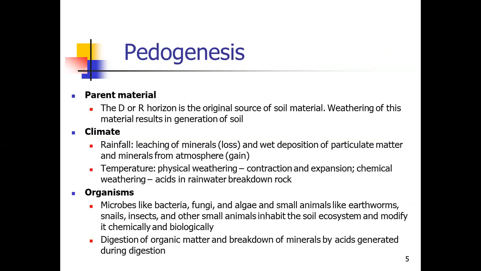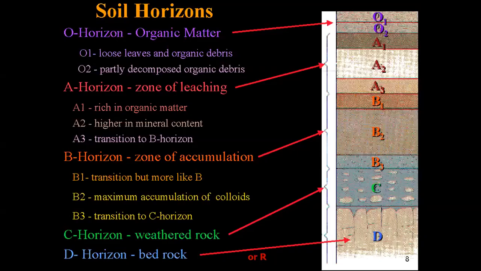Let's take a look at some of the factors that affect pedogenesis or soil formation. So I'll just show you a graphic over here to show you the different horizons. This is basically a cross section into the subsurface depths to show you the different parts of the soil horizons.